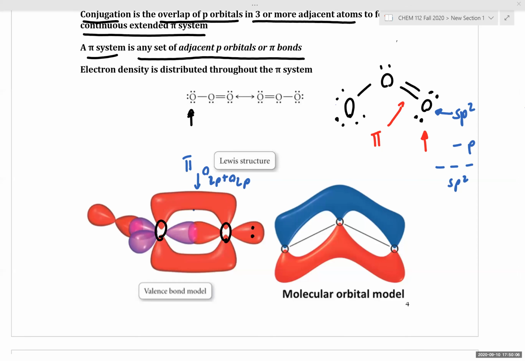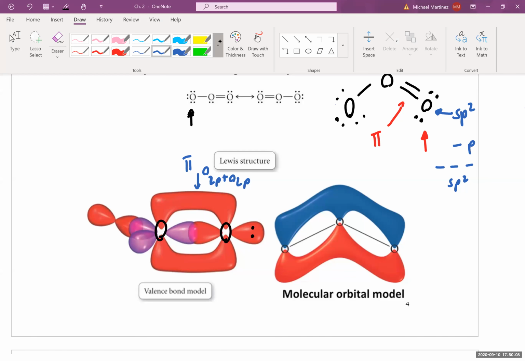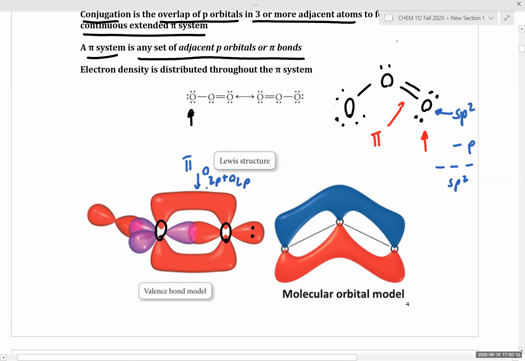So the lone pair, exactly right. Because we've already used up our p orbital for forming our pi bond, this lone pair on this leftmost oxygen is in an sp2 orbital. So then, can this lone pair participate in resonance? Is this lone pair in a p orbital? Is it able to interact with the pi system?